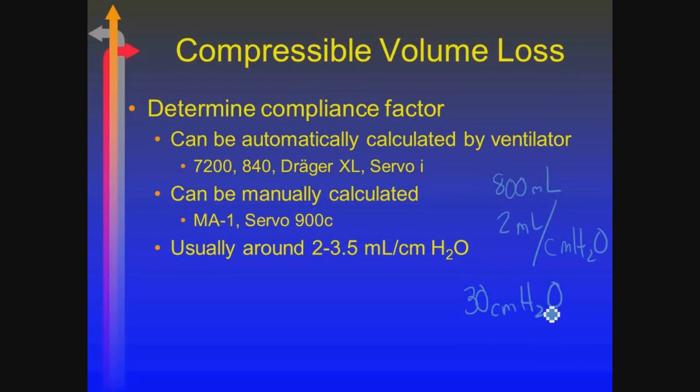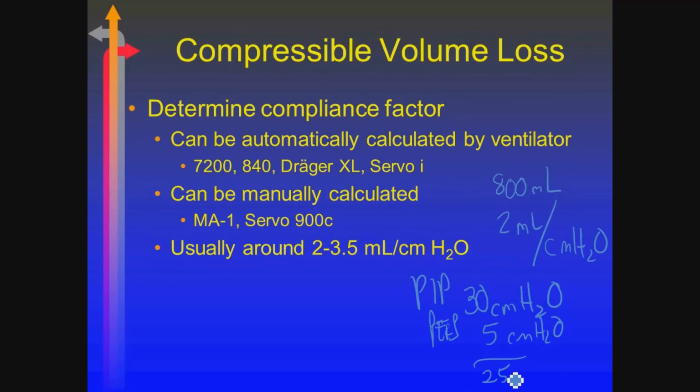Well, let's say I have PEEP of 5. So this is my PIP, this is my PEEP. What's my delta pressure? 25.